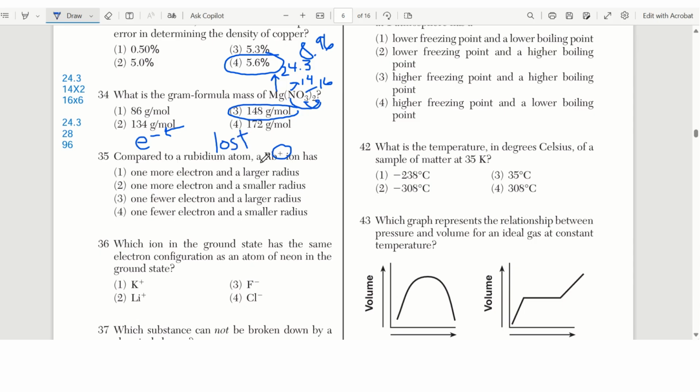Okay, so if the ion has one less electron, the atom actually lost the electron. Now the ion has less electrons, so the ion would be smaller, correct? So that should make sense, right? Now it's smaller, why? It's smaller because it has less electrons, all right?